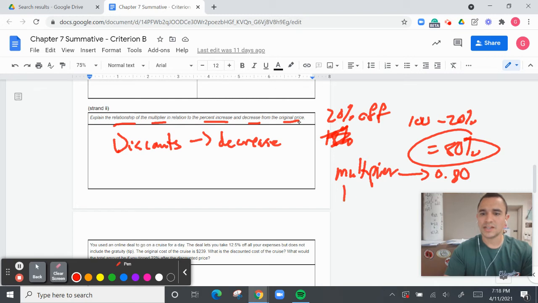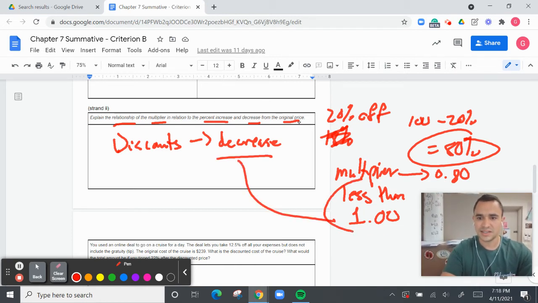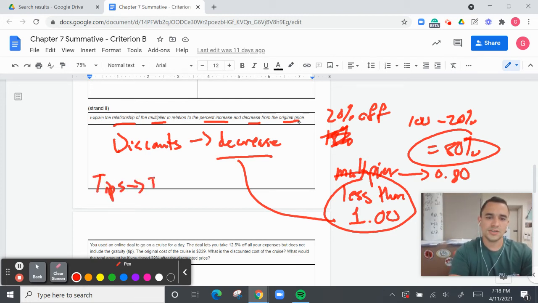And the multiplier is less than 1.00, which means it's decreasing. Decreasing, less than 1, for discounts and stuff like that, but for add-ons like tips, it's increasing.